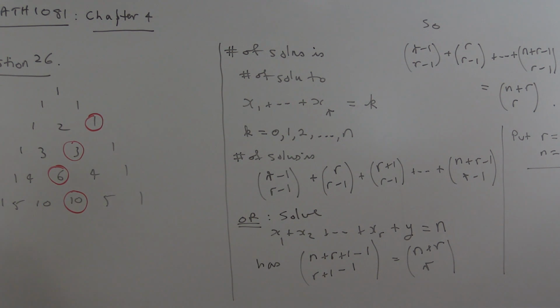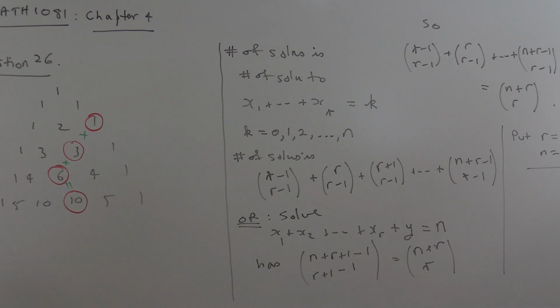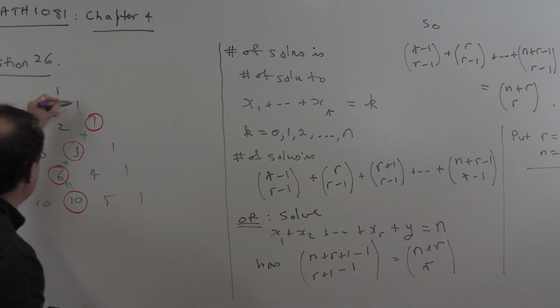In other words, if I add up this number plus this number plus this one equals that one. And that's what it says in terms of the triangle. Well, you can do another one as well. Let me choose another colour here. I can do, if I put, say, r equal to 2 and do the same thing, then again I can count here.